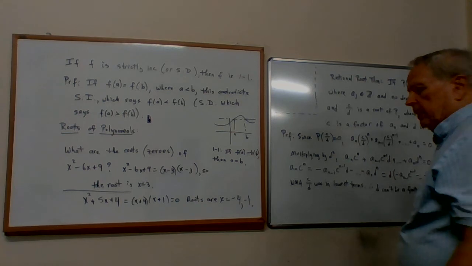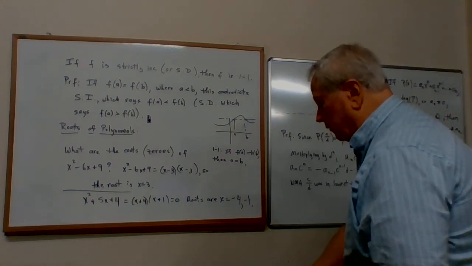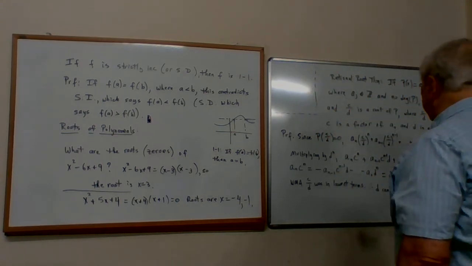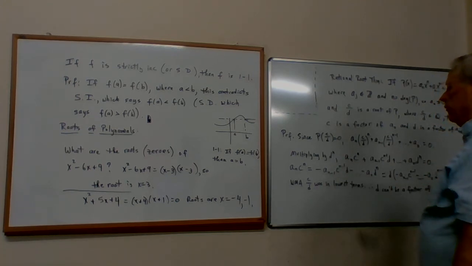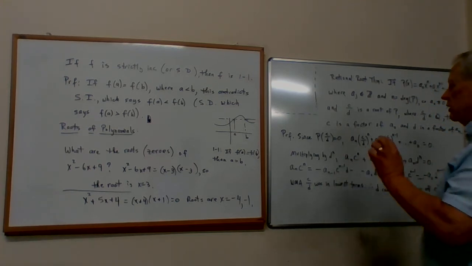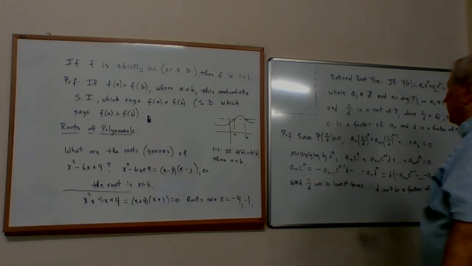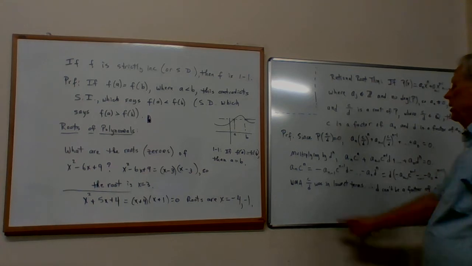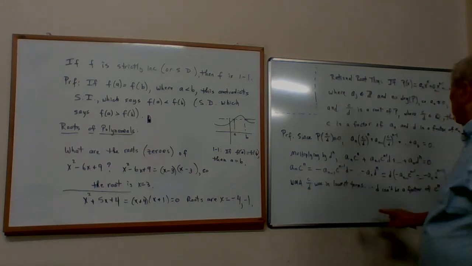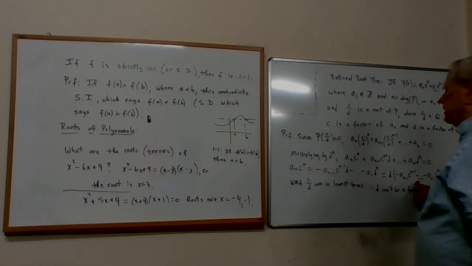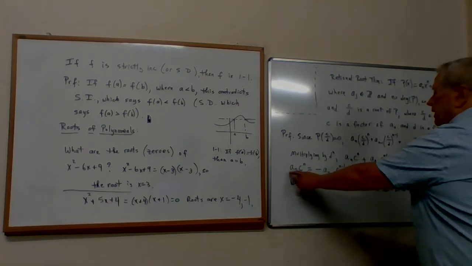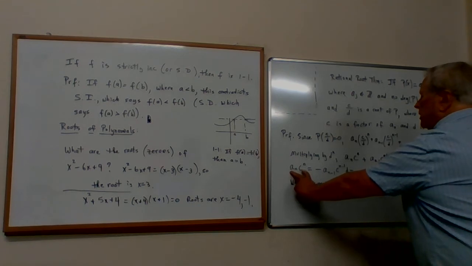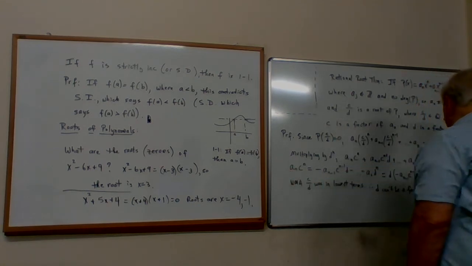It can't be, because if D were a factor of C to the n, then it would have factors in common with C, and C over D is in lowest terms. So D cannot be a factor of C to the n, but D times something is C to the n times a sub n, so D must be a factor of the other one. If it's not a factor of this one, it's got to be a factor of that one.